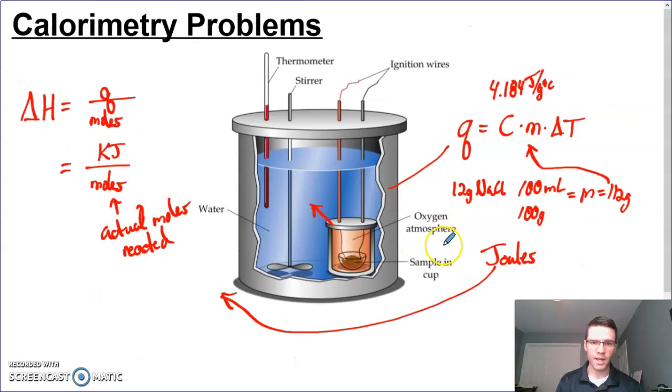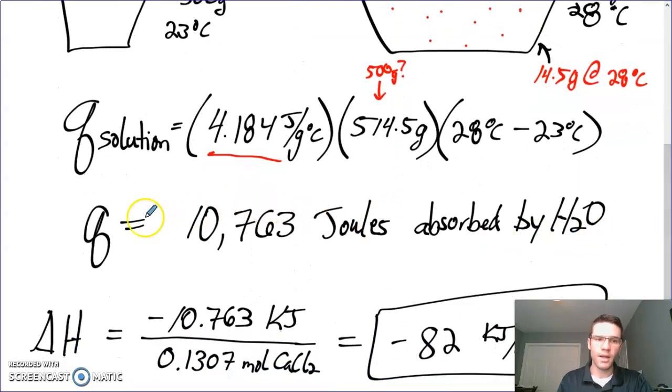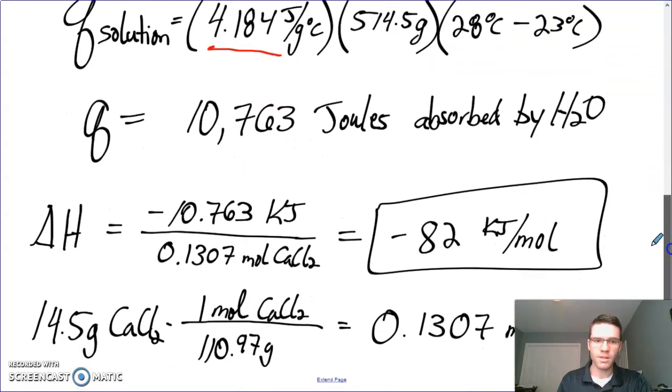If it was done as a reaction in a little container like this, where it didn't participate, we would not add that mass, but in this case, we do have to add that mass because it actually gets dissolved in that solution. So that would calculate our total energy that the solution absorbed, and that total energy would then be converted to kilojoules.